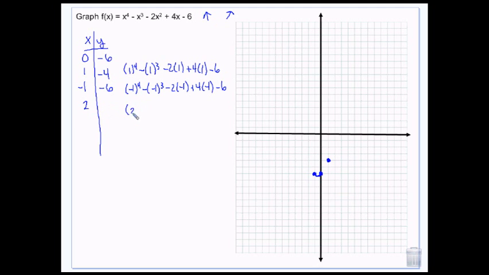I plug in 2. So I have 2, 4, 8, 16. Minus 8 is 8. Minus 4 is 4. Plus 8 is 12. Minus 6 is 6. Okay. Negative 2.